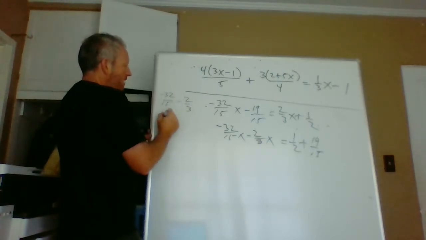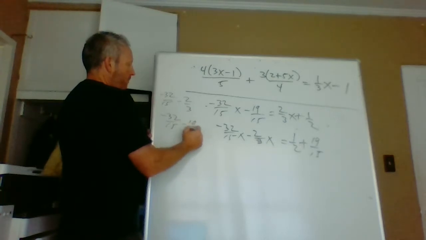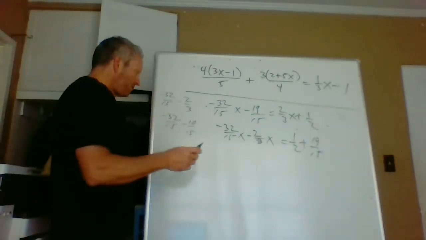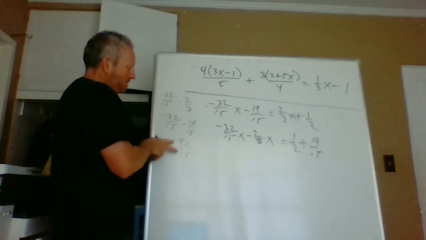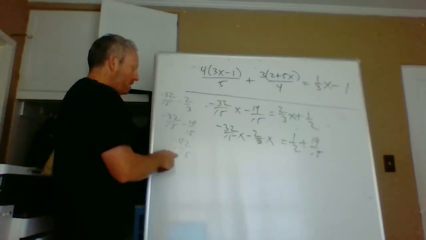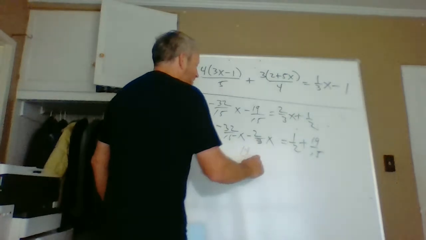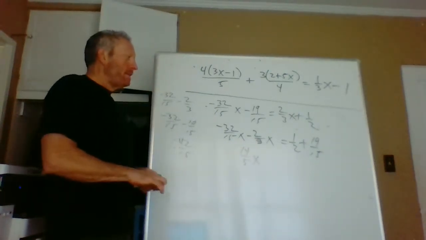If I use 15 as a common denominator, we'll get this. And that's negative 42 over 15, which is also reducible because 3 goes into both those. And 3 goes in here, what, 14 times? So 3 goes in here 5. So 14/5 x.